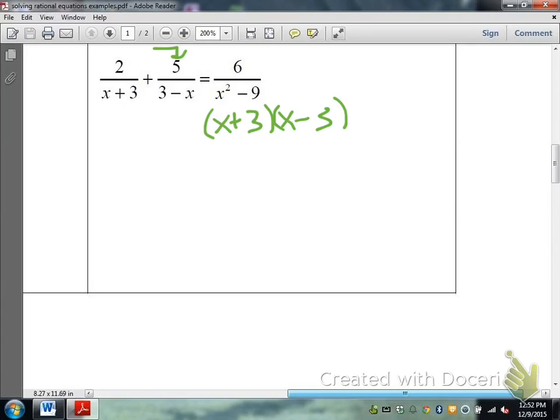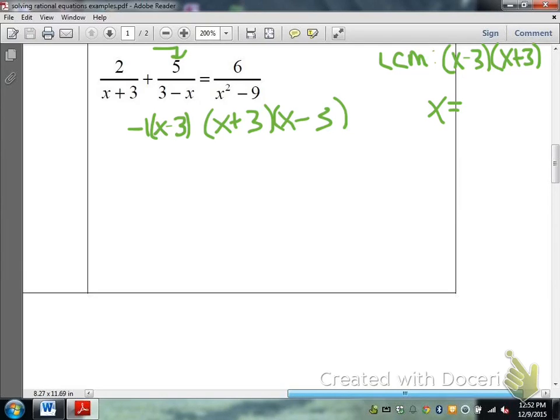Would you agree that 3 minus x is the complete opposite of x minus 3? So therefore, I'm really going to take a negative 1 out of here. Then I can make it x minus 3. So ladies and gentlemen, what is our least common multiple? x minus 3. And? Very good.